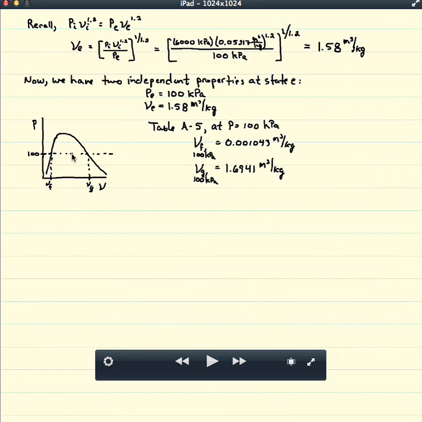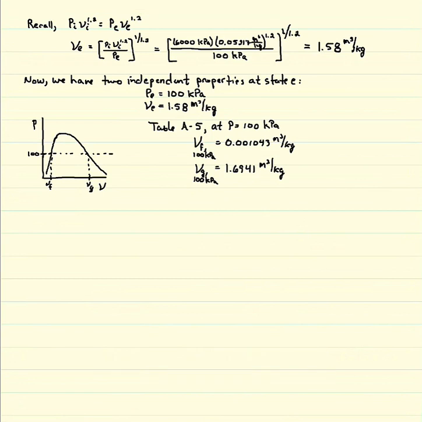So that means that our exit state is a saturated mixture. We're to the left of the saturated vapor line, but well to the right of the saturated liquid line. So we can go ahead and draw on here our exit state, and we can use our maroon red and say that perhaps this here is our exit state, v sub e.